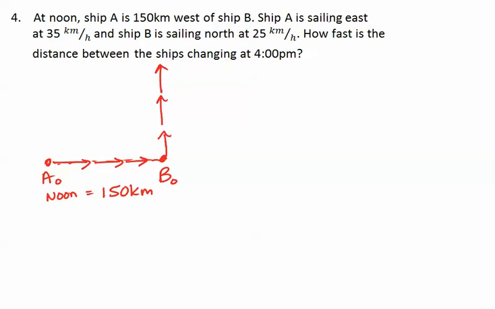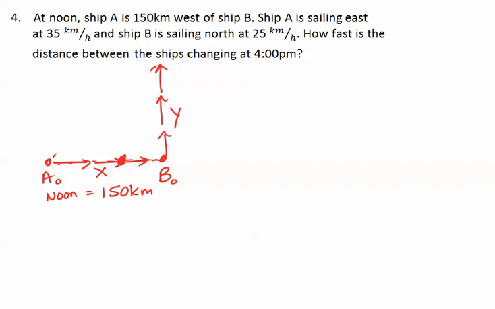So what else do we know here? We know that ship A is moving at 35 kilometers per hour. Well, let's use X again for the horizontal axis, Y for the vertical, and a Z for our distance between the two ships as they're moving. So the two ships could be at all different positions.